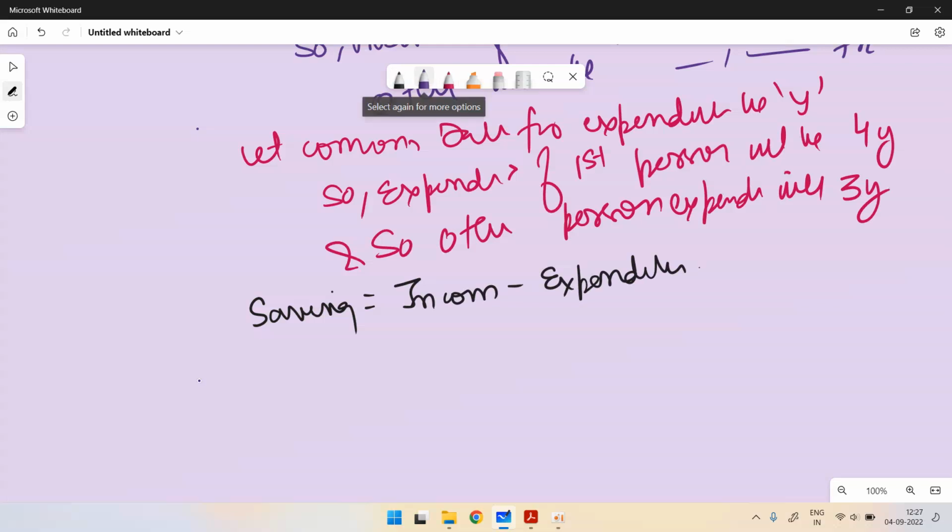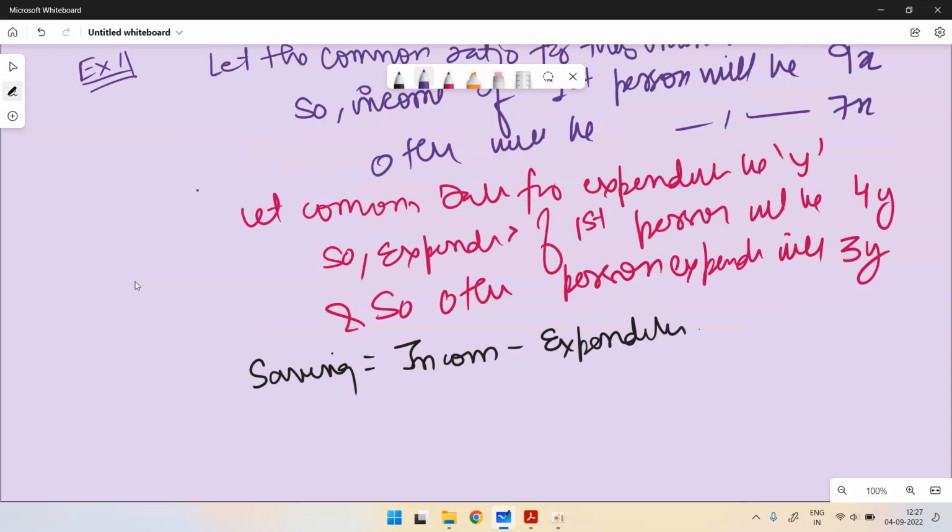So from the first, saving will be 9x minus 4y equal to 2000. That is income of first person minus expenditure of first person equal to 2000. This is equation number 1.